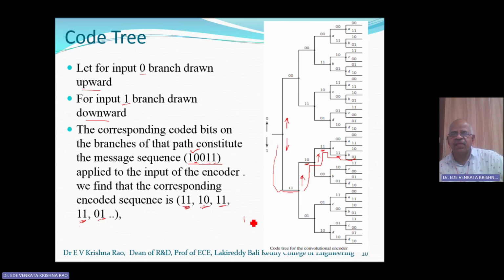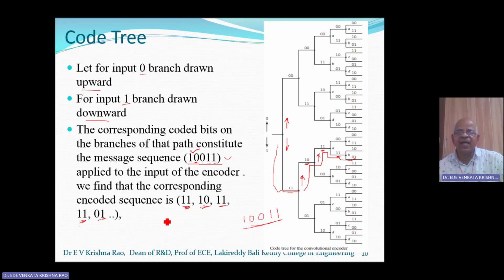This is upward, message input 0. This is upward, message input 0. This is downward, message input 1. This is again downward, message input 1. We can recover it back. The message bits are 1 0 0 1 1 like this.